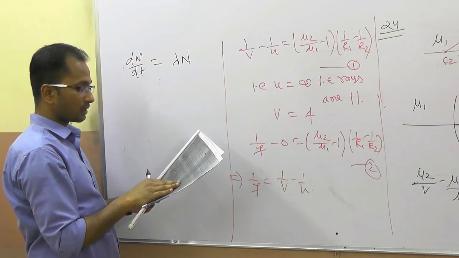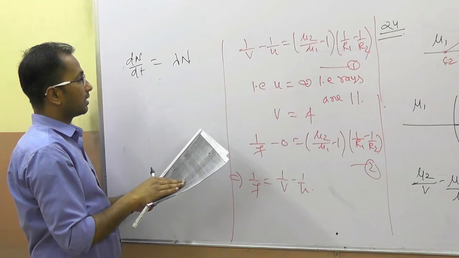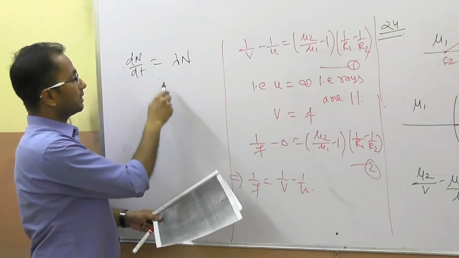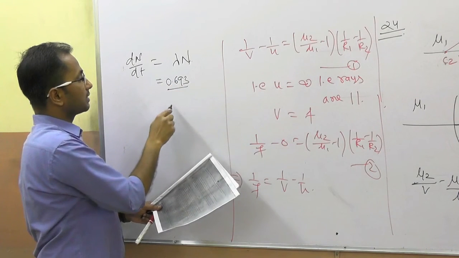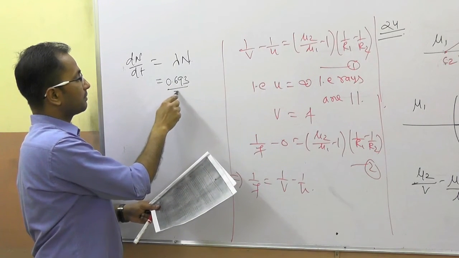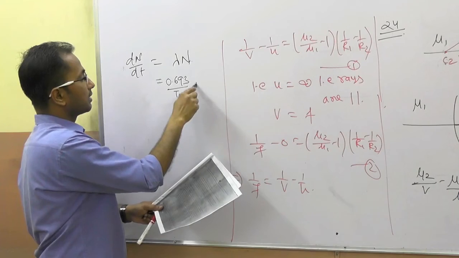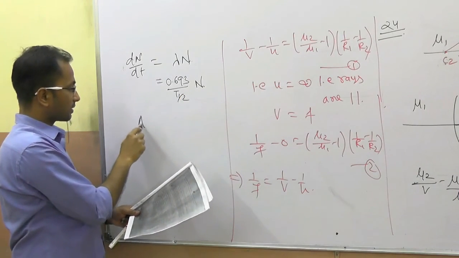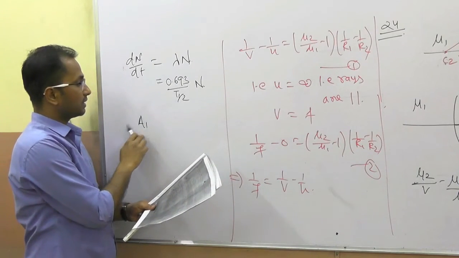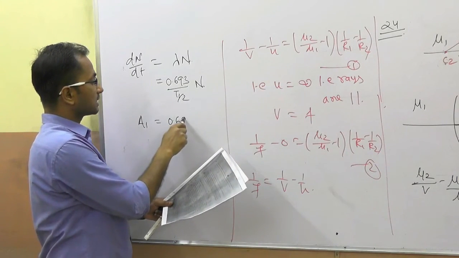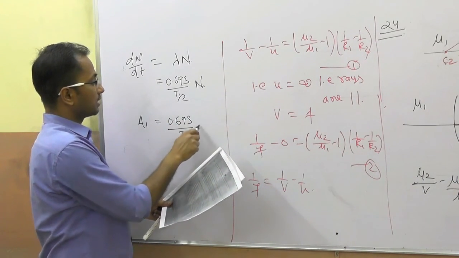It is given N1 and N2, and lambda is 0.693 by T half, into N. So for the first nuclei, activity is 0.693 by T1 into N1.